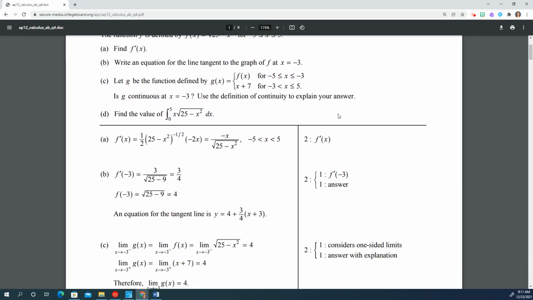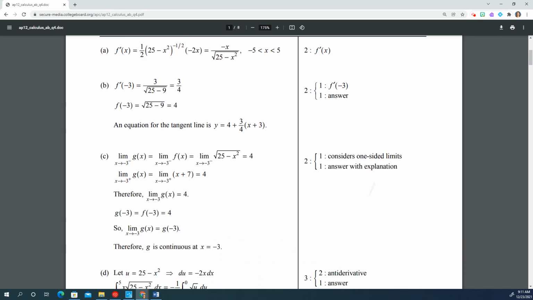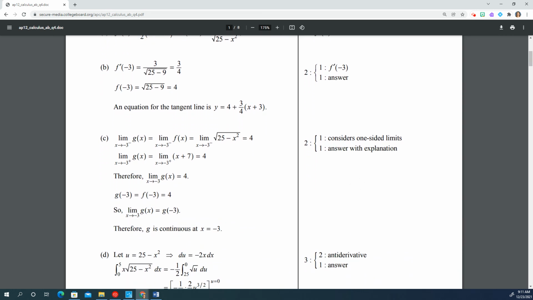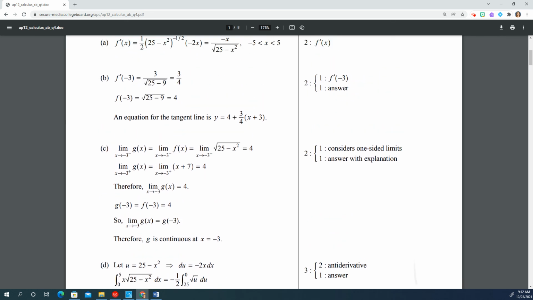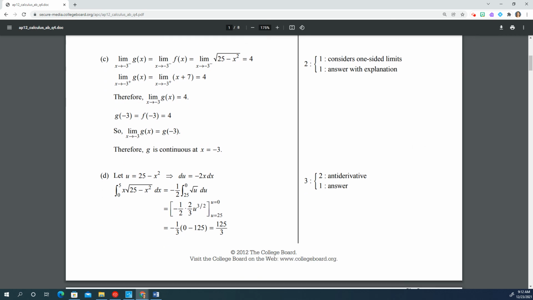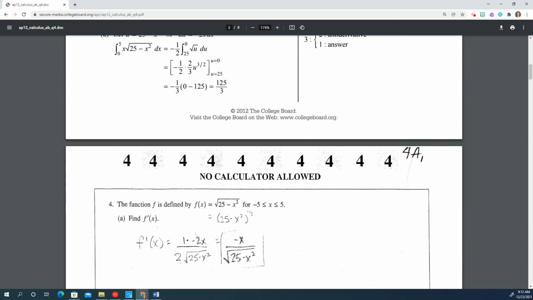Oh, 2 points for finding the derivative. Nice. Part B, 1 point for finding f prime of -3, the slope, 1 point for your answer. Here, considers one-sided limits, so showing the left and right-hand limits are the same. Answer with explanation, that's probably showing the definition of continuity. So you could have got 6 out of 9 points for that.